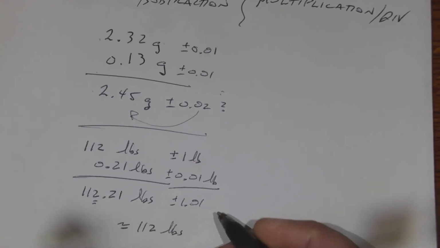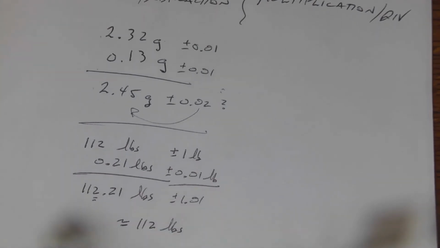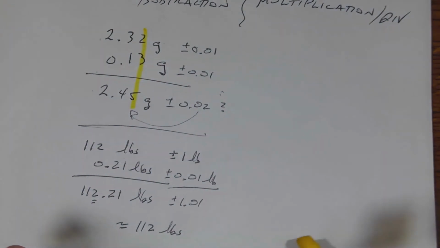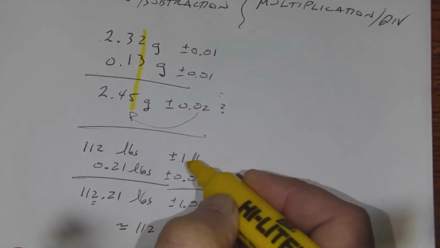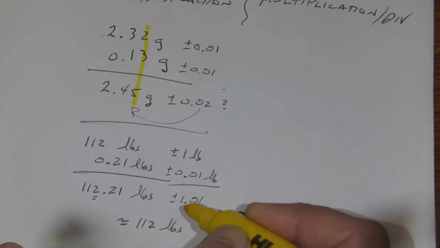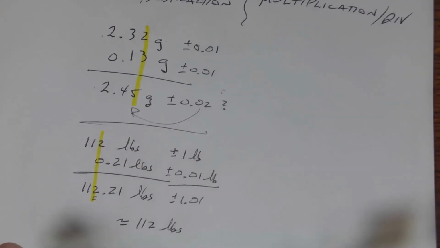Okay, so the rule here is what we're doing. What we're doing is we're looking at the place, and the place that is least precise dictates what the answer should be written to. So up here, they were both the same precision, so we care about the 100th place. Down here, the least certain one, or the least precise in terms of magnitude, this plus or minus 1 pound versus plus or minus 100th of a pound, is the ones place, and so my answer should be rounded to the ones place.